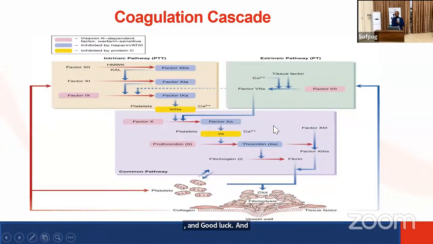And then if you look at the thrombin inhibitors, dabigatran also blocks the conversion of fibrinogen to fibrin by blocking thrombin. And then the heparins also act by blocking thrombin and factor 10A. So understanding this particular slide will help you understand how the anticoagulants work and how we use them.